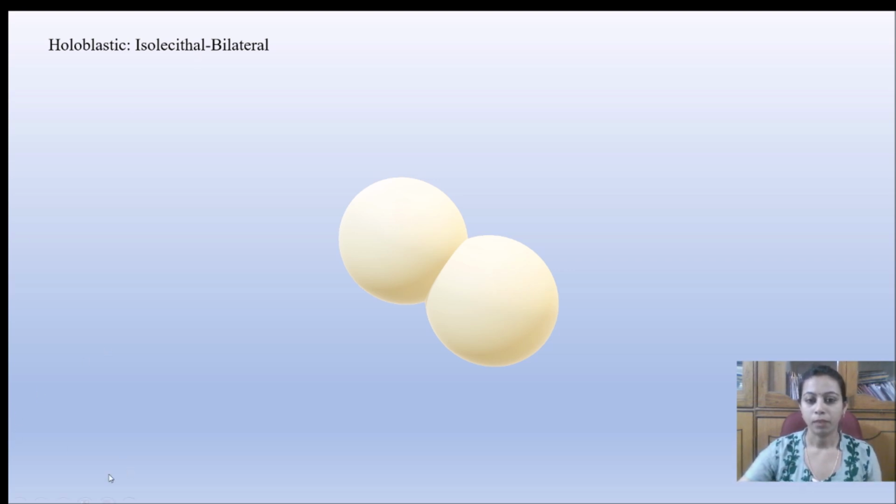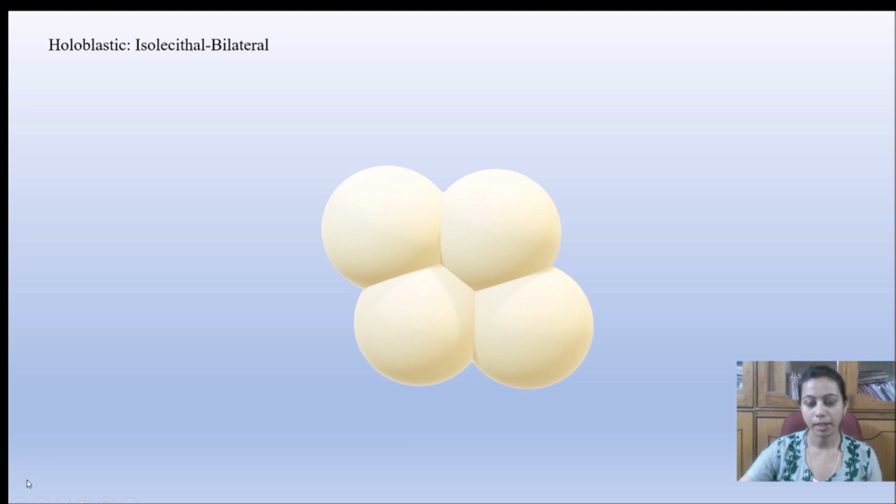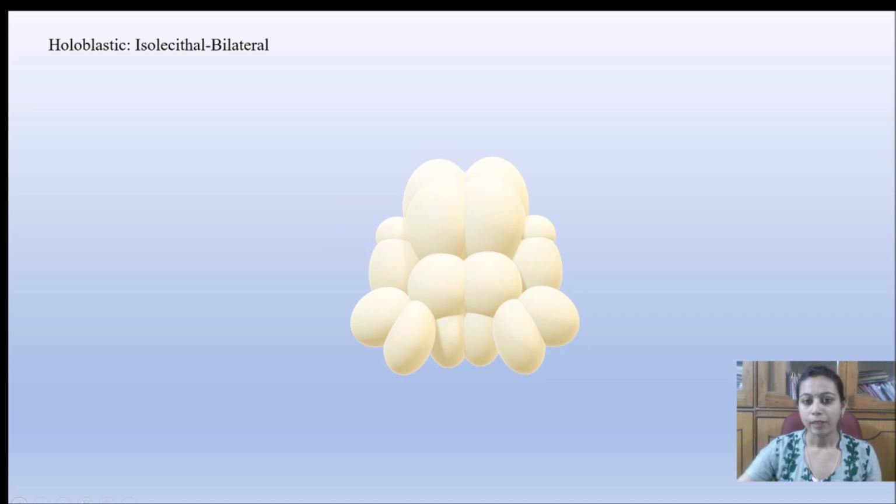First the cell will divide into its own right and left, then again each individual cell will divide with its own right and left side symmetry. After a certain division, a mirror image will be created because of this bilateral plane of cleavage.